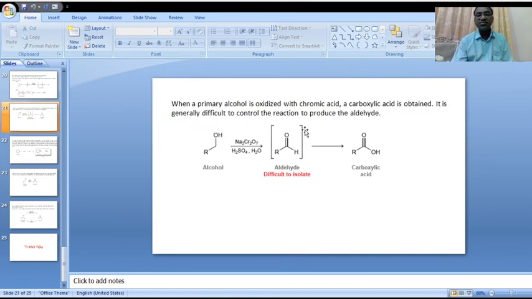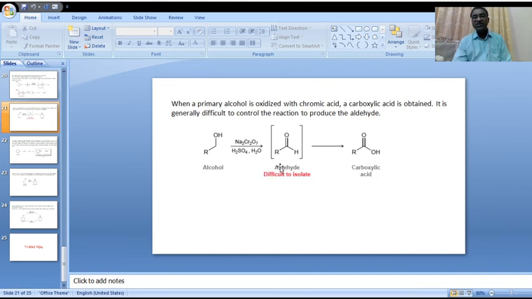Without using this selective oxidizing agent, the primary alcohol in the presence of chromic acid is converted to only carboxylic acid, only carboxylic acid.